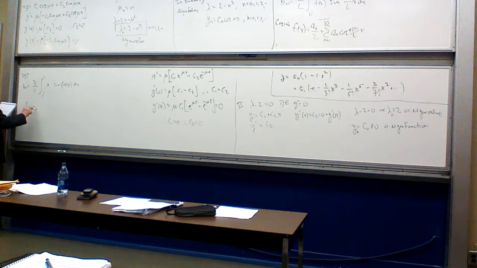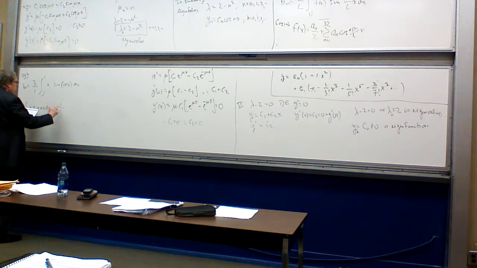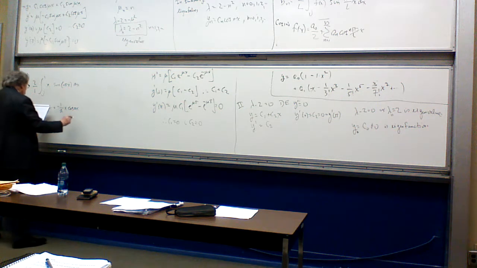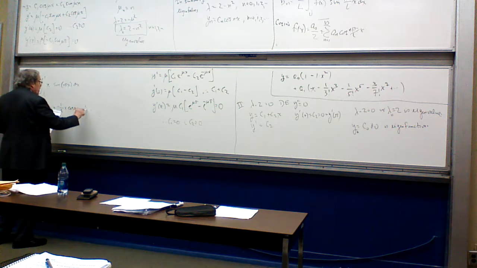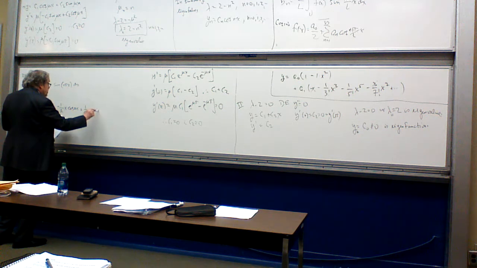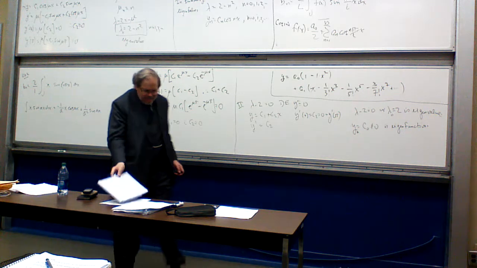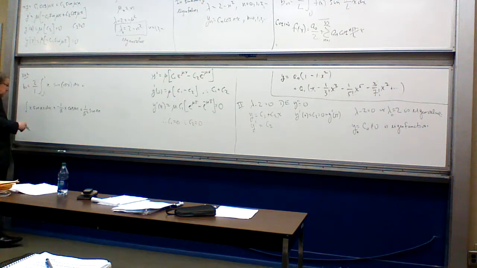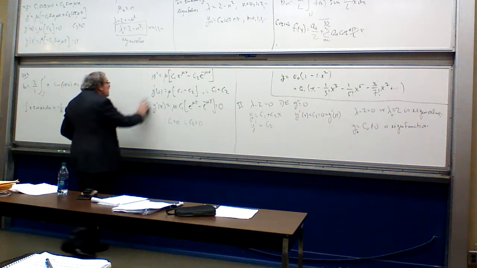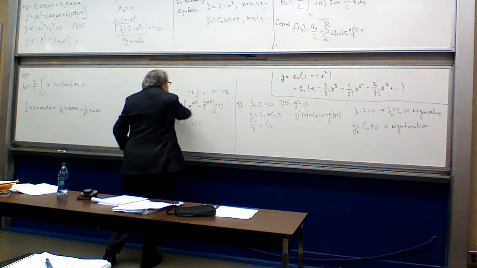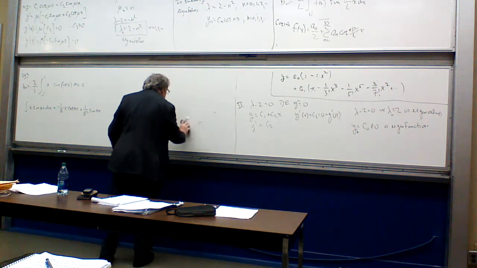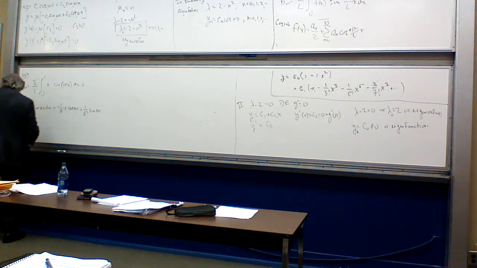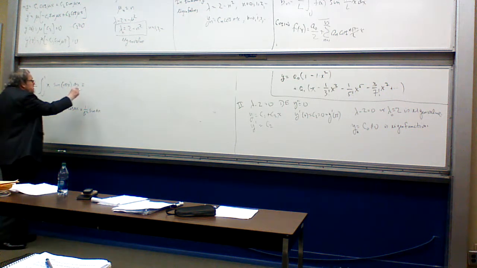So, the integral of x sine ax dx is negative 1 over a x cosine ax plus 1 over a squared sine ax. There's a 2 outside.